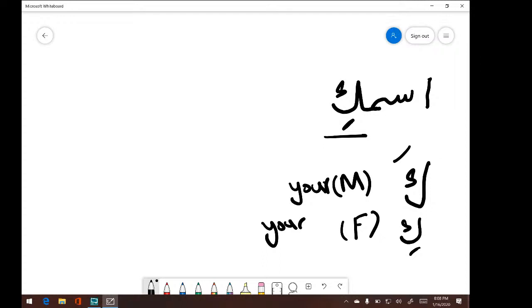The ta has a tashdid on it, right? Secondary school or high school, whatever you want. I'm not too familiar with the terms, but I assume it's the same thing. We'll stick to secondary school. مدرسة ثانوية, secondary school.